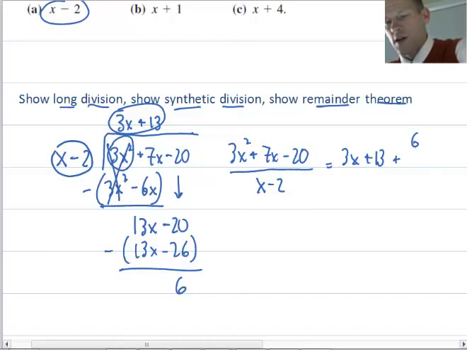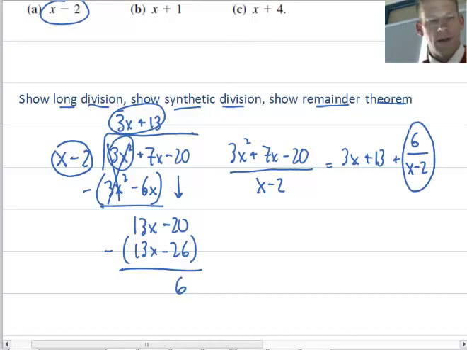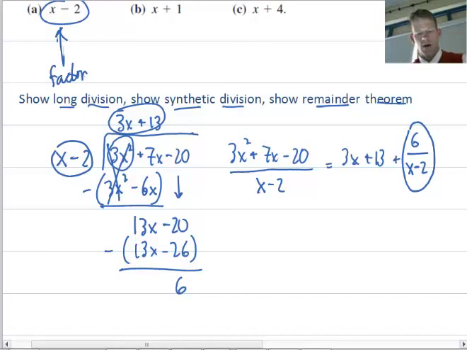It would be 6 over what the divisor was, which is x minus 2. So if we had no remainder, this term would be gone, and then we would say x minus 2 is indeed a factor of the polynomial that we're dividing.